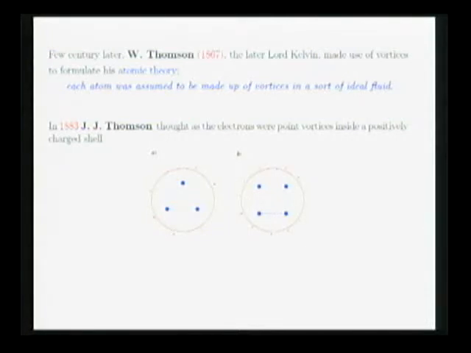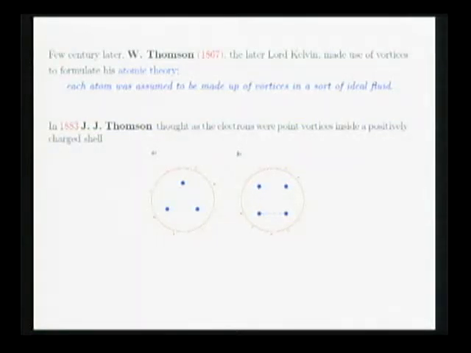Now, much later, the vortex theory comes at the very tiny scale, at the atomic scale, because at the time we didn't even know about the structure of the atom. So William Thomson, known as Lord Kelvin, came out with this model of a vortex atom. Now, do not ask me why the vortex atom has to be dimensional. I don't have a clue.